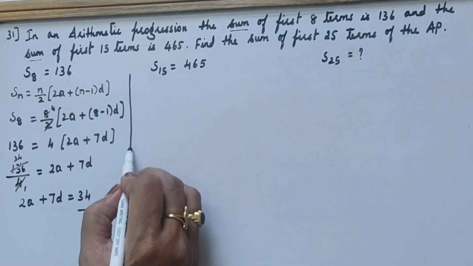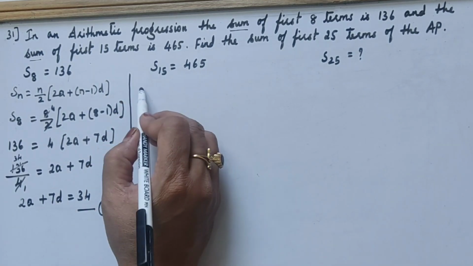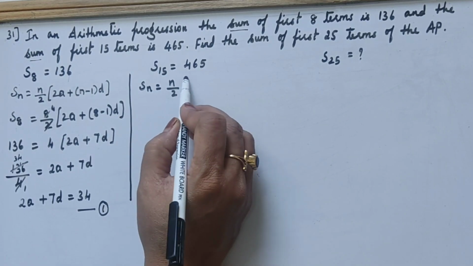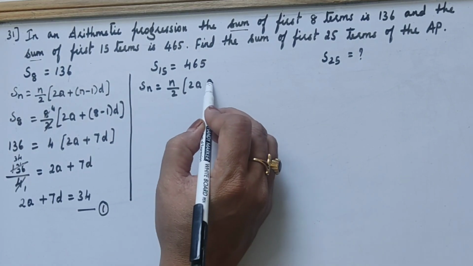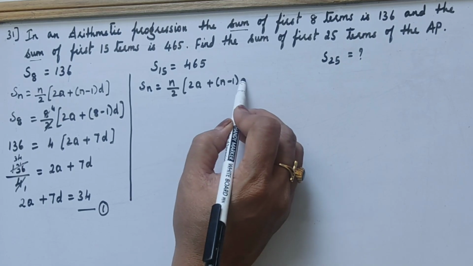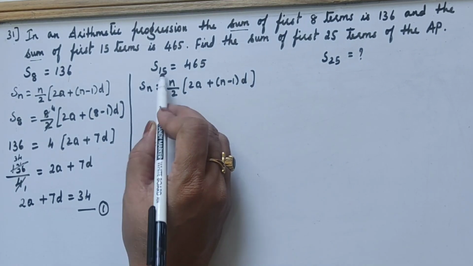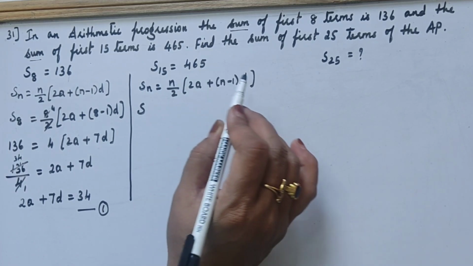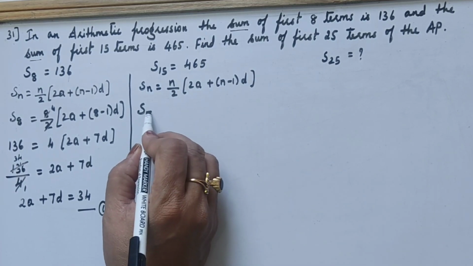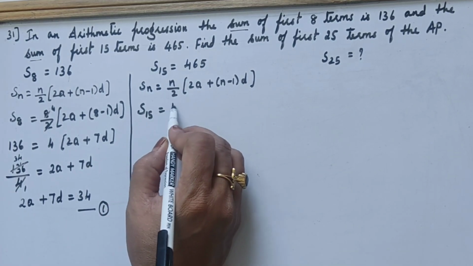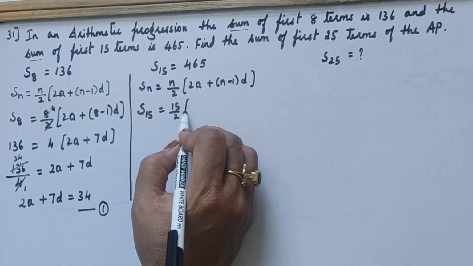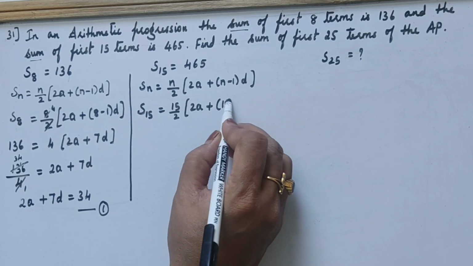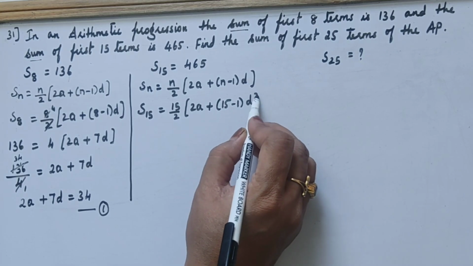Now next, again the same formula will repeat. Sn equals n upon 2 into 2a plus (n minus 1) into d. Now as we know the value of n is 15, wherever we have got n, we'll just substitute with 15 here. So S15 equals 15 upon 2 into 2a plus (15 minus 1) into d.